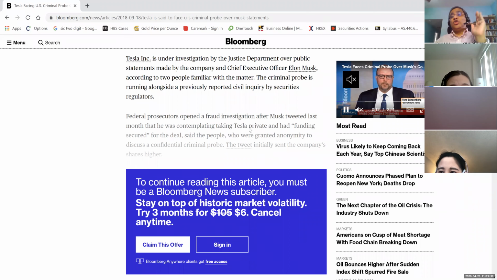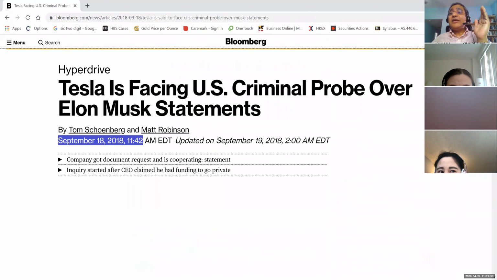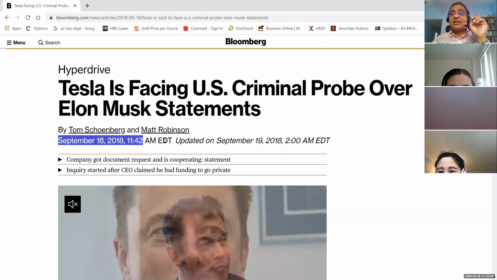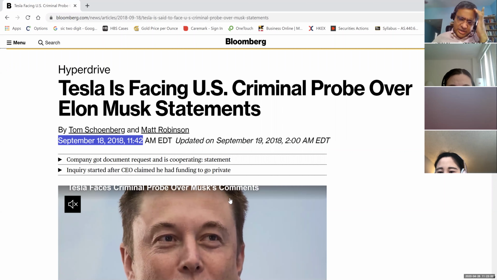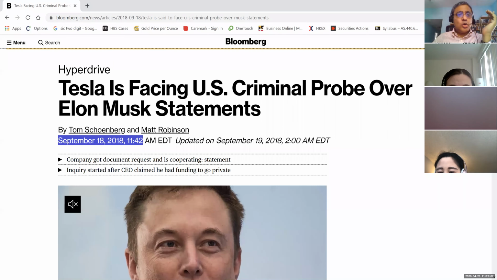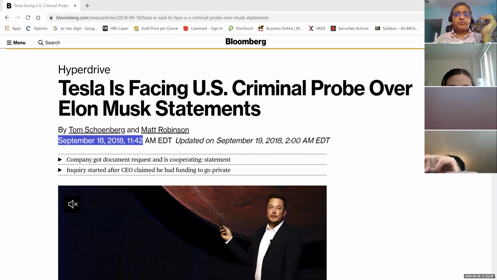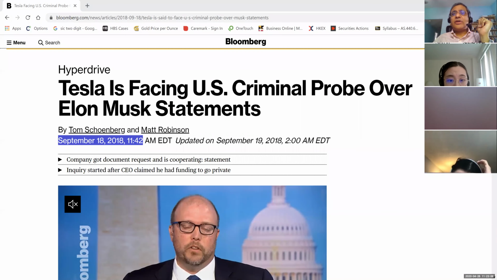Before all this, you can have class actions and all kinds of investor suits, but when the US government itself says it is going to investigate Tesla over fraud, it's a major development. Look at the date and time again: September 18th, 2018 at 11:42 a.m. All right, so now let me open file number 33 on Tesla trades.